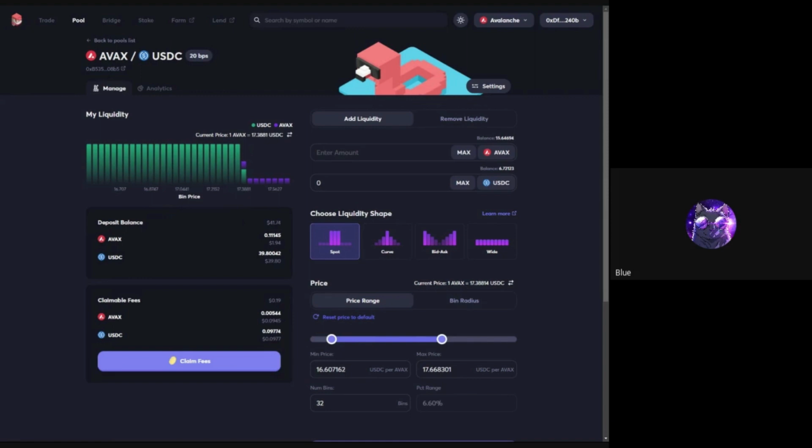And what we may see over a number of weeks or so is price gradually moves up, but there are some retraces and my stables will pick up those trading fees. So I'll be earning AVAX and USDC, and I'll probably chase the price with my liquidity. So maybe I'll withdraw it and reposition it a number of times as the trend of AVAX goes up. But essentially what I'm doing here is I've just got a pot of stables and I'm just farming some trading fees whenever AVAX has a slight retracement in price.